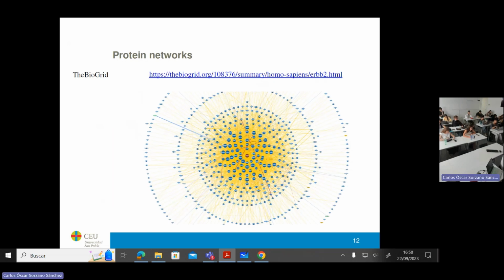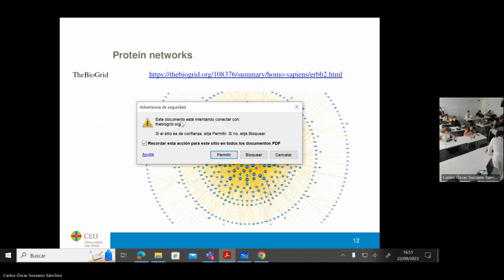Okay, so here you have another database of these kinds of connections. This one, BioGRID, let's explore how it looks.